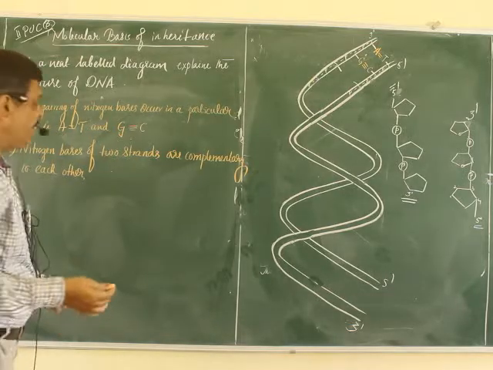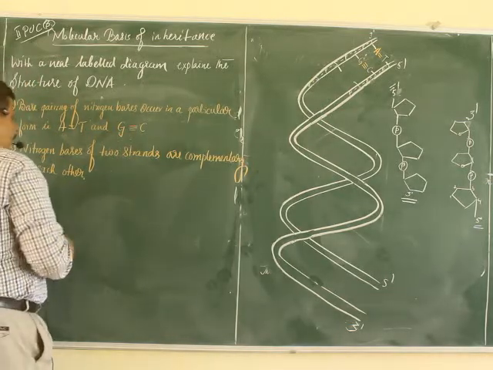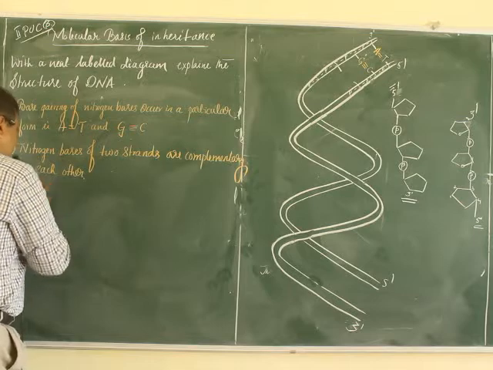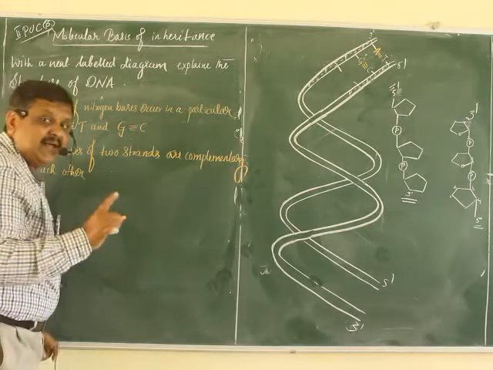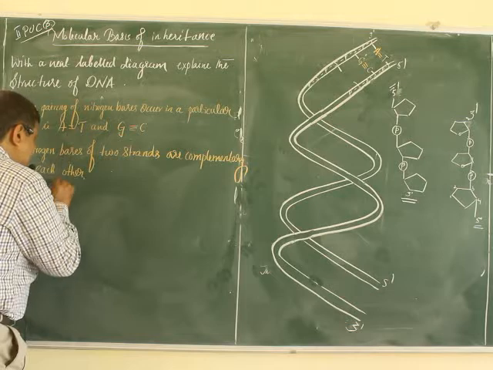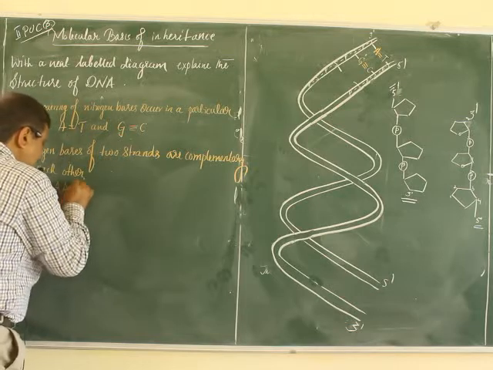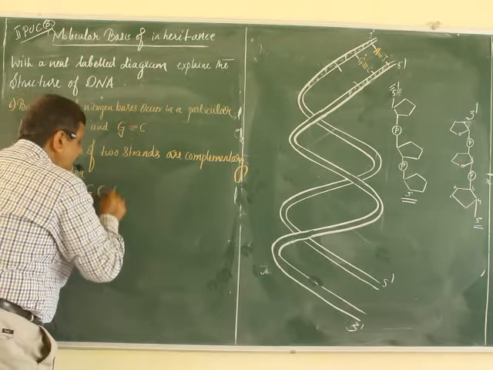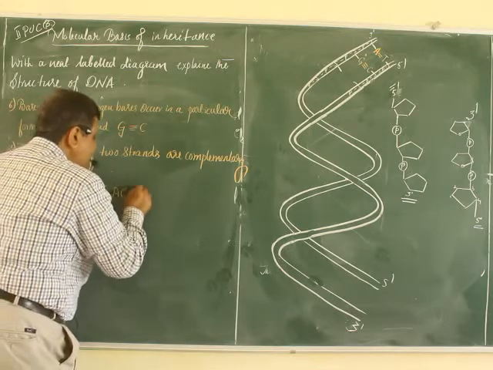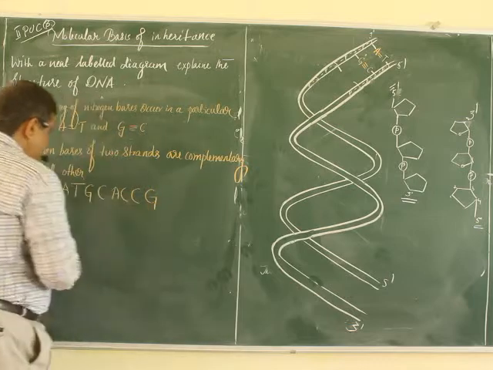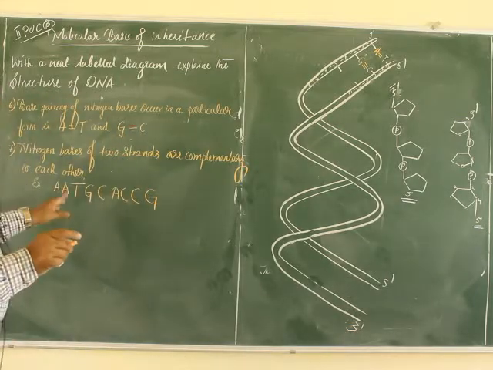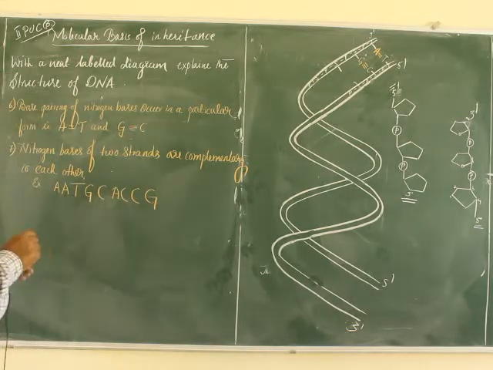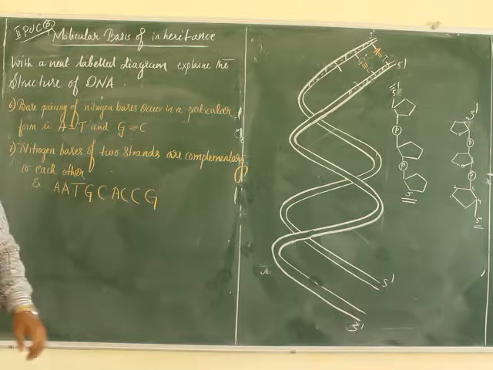Complementary means purak. For example, if we know the nitrogen base sequence of one strand, that is adenine, thymine, guanine, cytosine, adenine, cytosine, guanine, we can write the base sequence of the other strand.